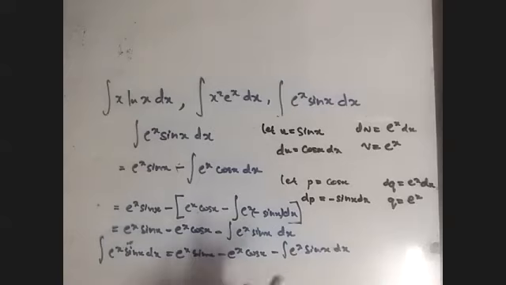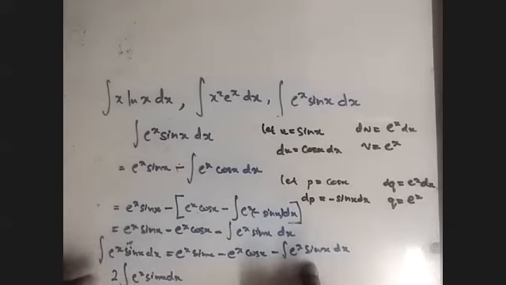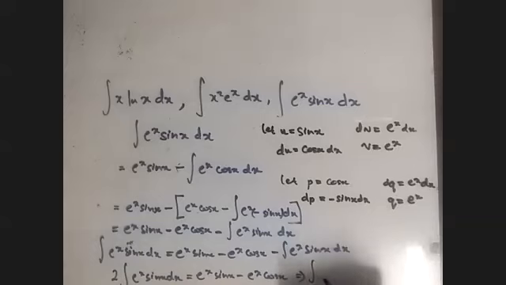After transposing, we get 2 times the integral of e to the x sine of x dx, because this becomes positive when it comes to this side, equals e to the x sine of x minus e to the x cos of x. Now we divide each and every term by 2. Then our final answer becomes the integral of e to the x sine of x dx is equal to 1/2 e to the x sine of x minus 1/2 e to the x cos of x plus c.